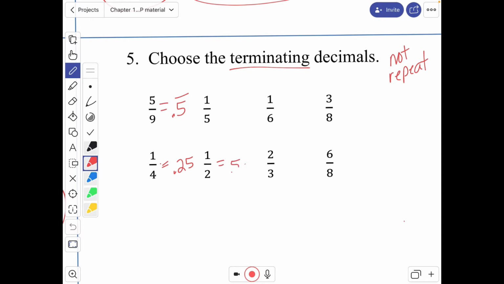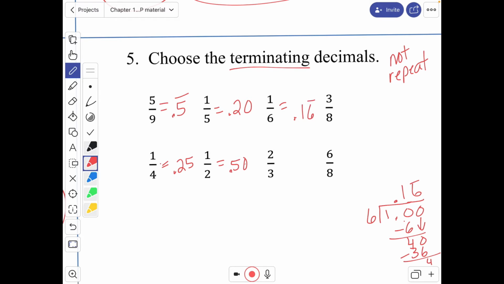Half is like 50 cents. 1/5 is like counting 20s. 1/6 wasn't on our list, so we might have to divide that one out. Remember, man, horse. 6 goes into 4 6 times with 4 left over, so it's repeating. So this one is 0.16 with the 6 repeating.